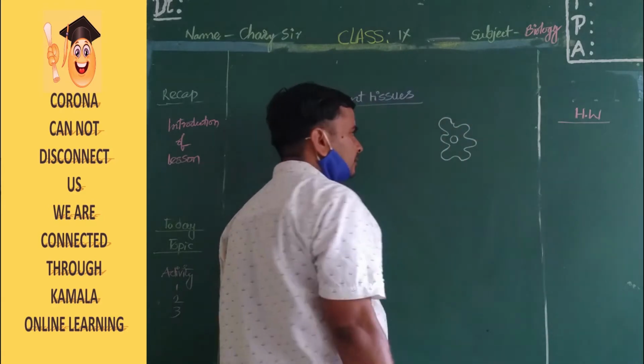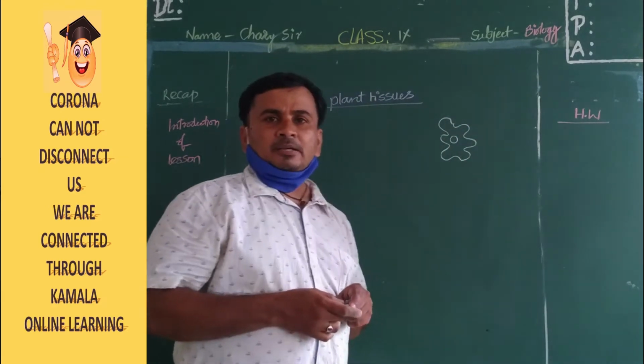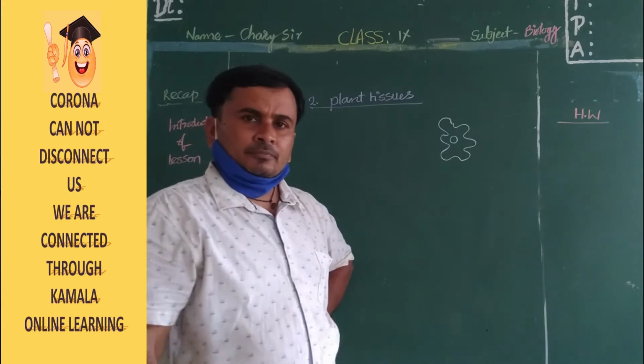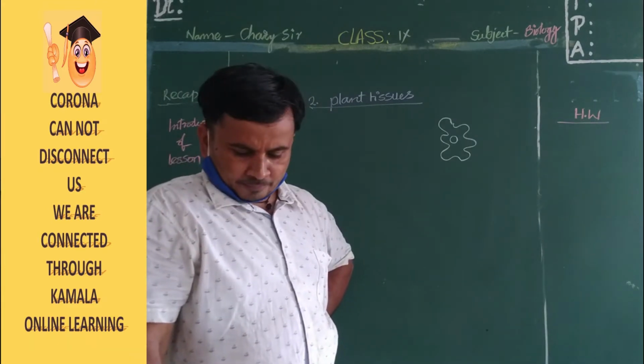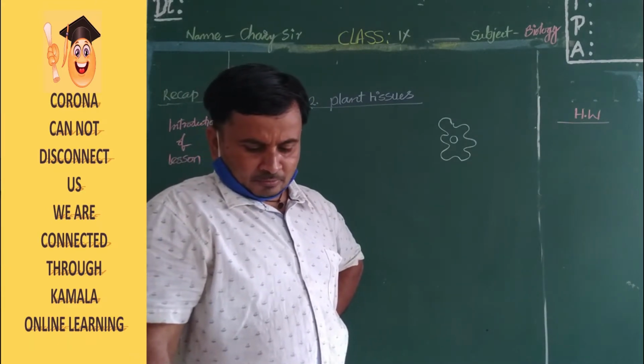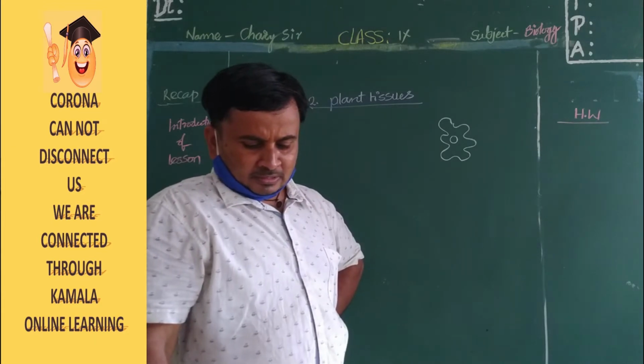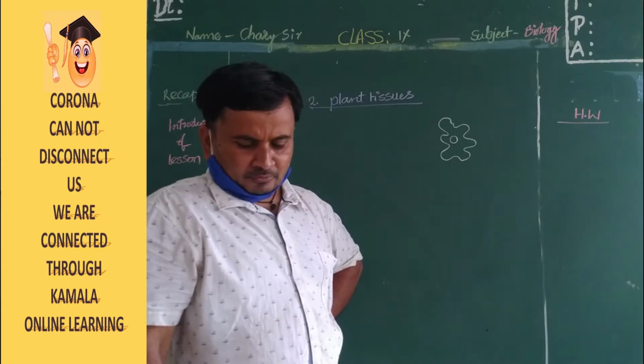Amoeba is a unicellular organism. A single cell performs all the functions. But in multicellular organisms, there are numerous cells performing various functions.